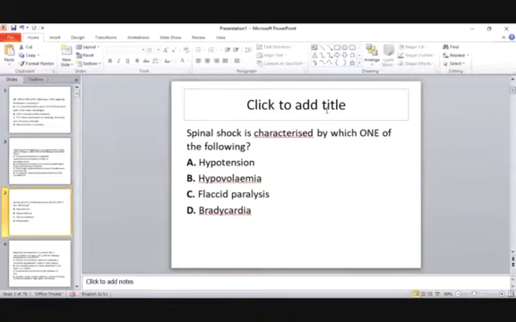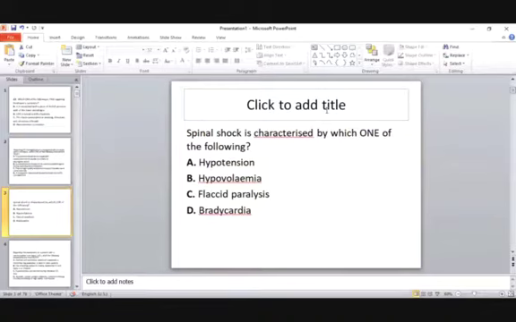The wording spinal shock is specifically used to describe the patient losing the reflexes and developing flaccid paralysis in the acute situation. And in the long term, the patient redevelops exaggerated reflexes and develops spasticity.